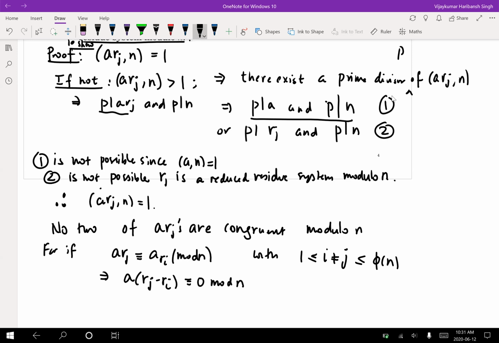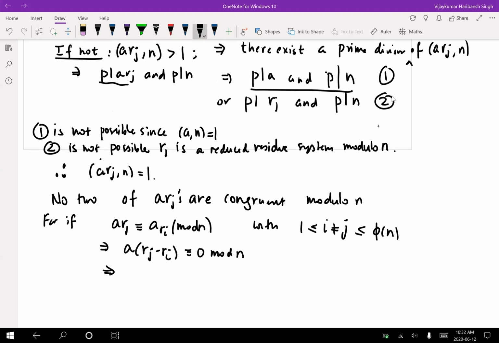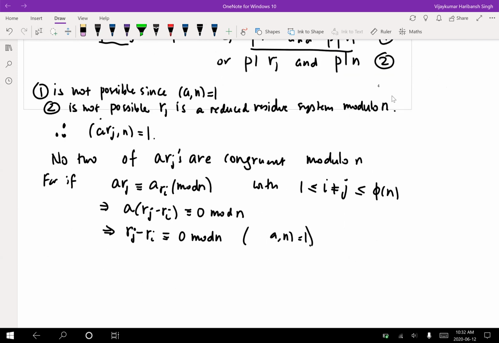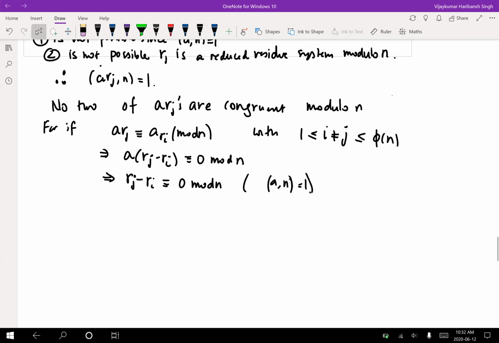Now, since A and n are coprime, you can use the cancellation theorem, so this implies Rj minus Ri is congruent to 0 mod n. So Rj is congruent to Ri mod n.